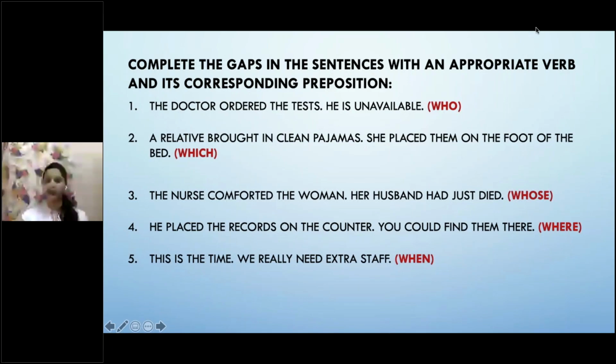So here are a few sentences. If anybody wants to send in the answers through the chat box, I'd be happy to read them. And I will be giving the answers at the end of 30 seconds. So you'll have to use these words and connect these two sentences. So this is what I mean by changing simple sentences to complex forms. So the minute you combine two sentences, it is a complex sentence, and you get points for that.